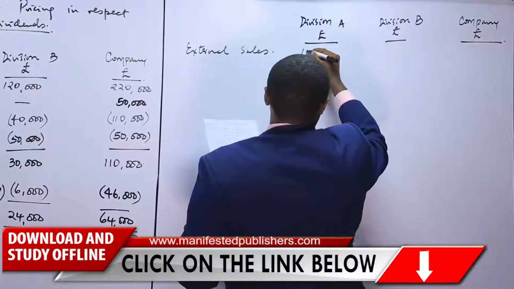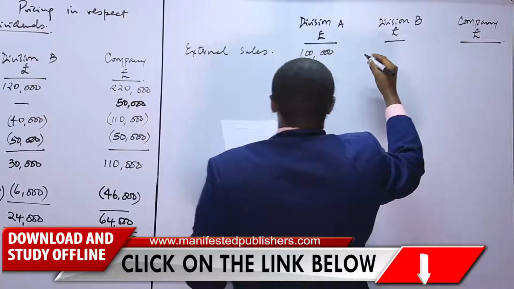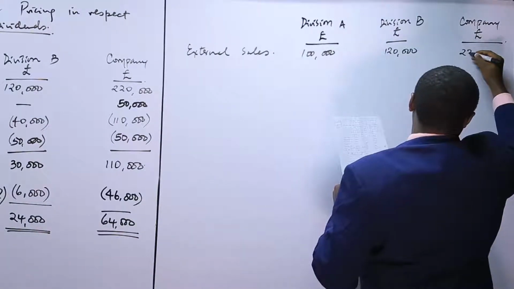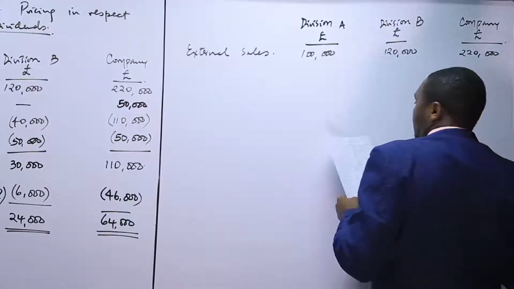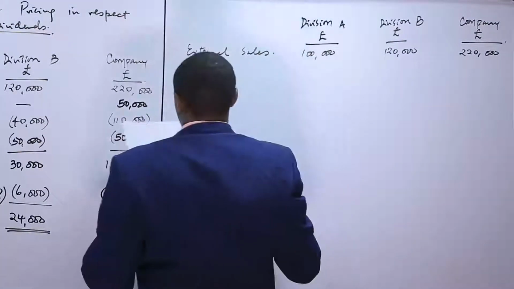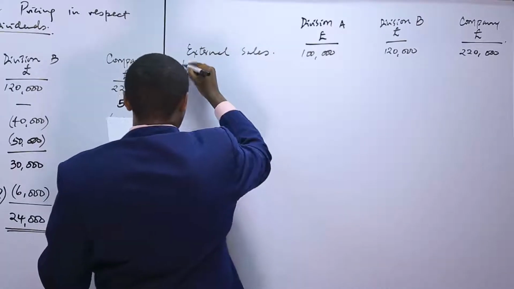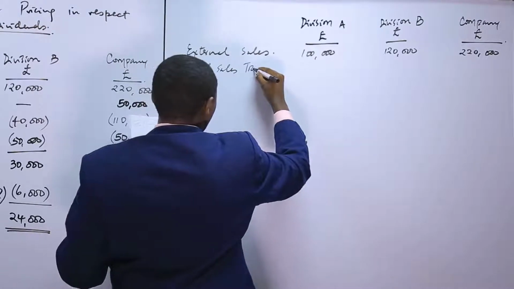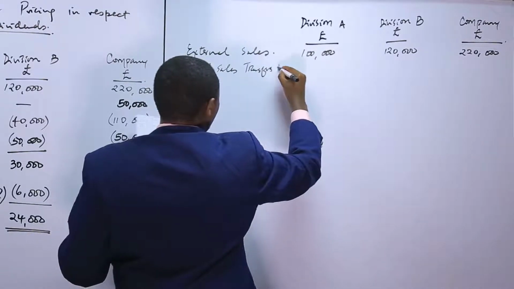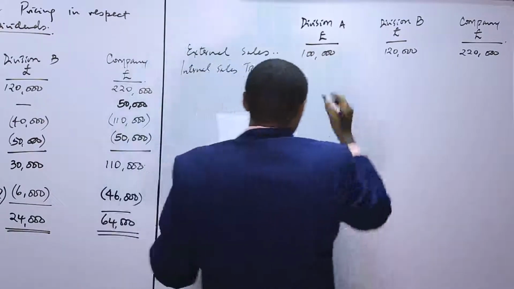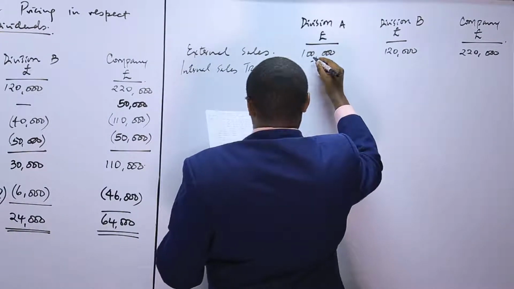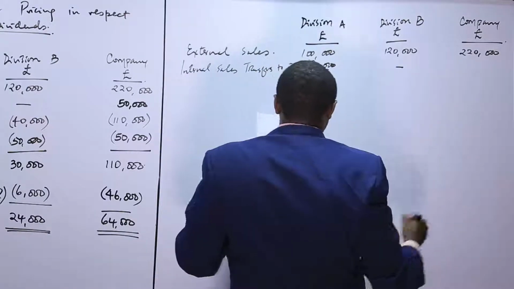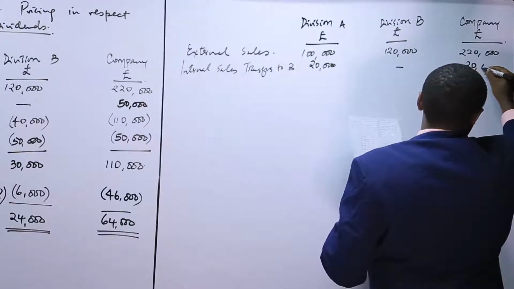The first is 100,000 plus 120,000 gives us 220. Internal sales transfers to be 20,000, none at all, 20 to the group.